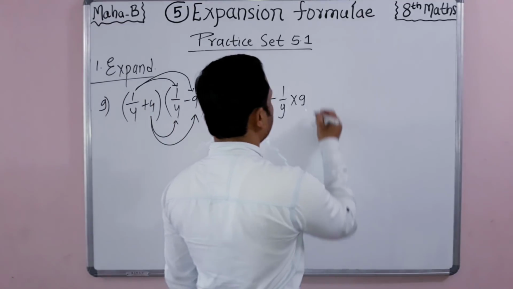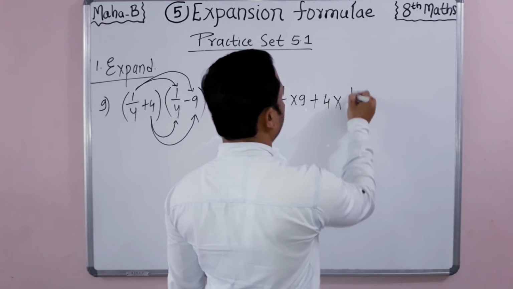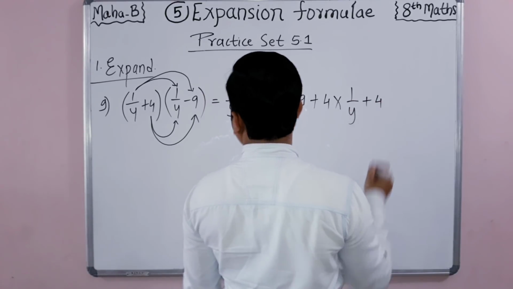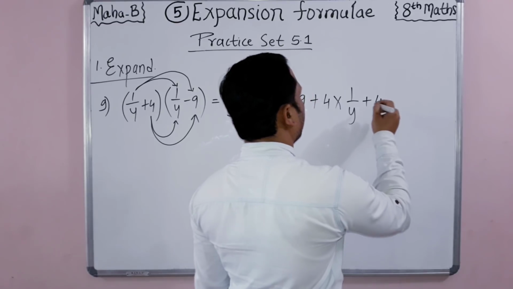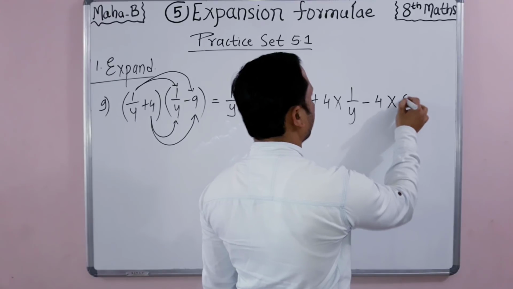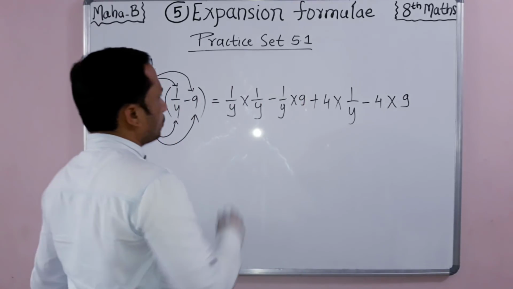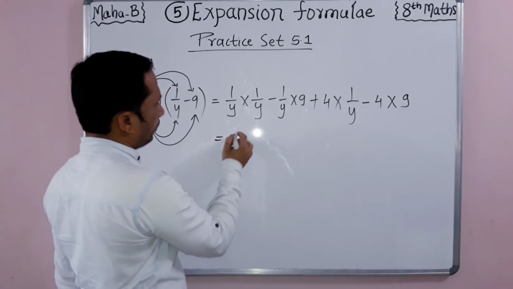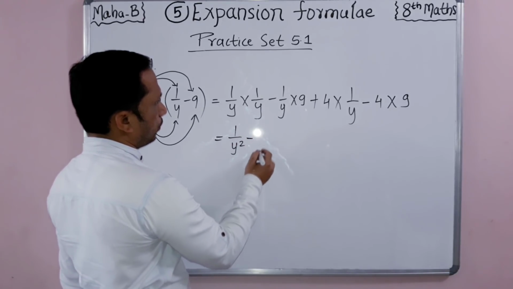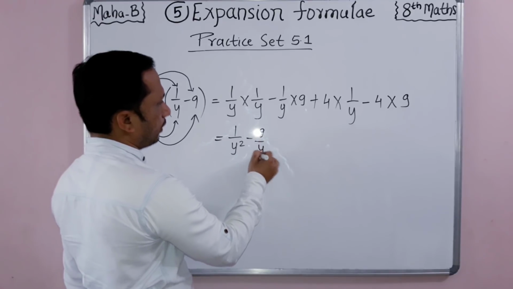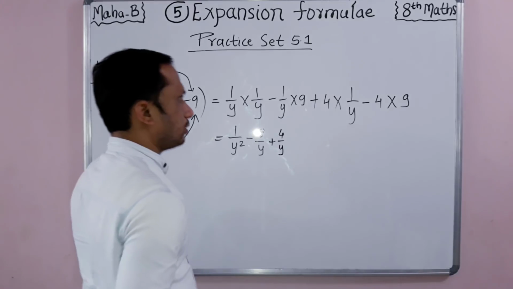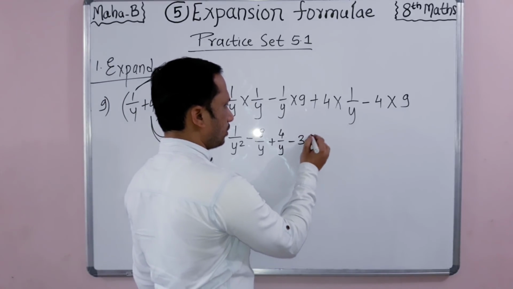Okay students, so plus sign is there, 4 into 1 upon y and plus 4 into minus 9. 4 into minus, so put the minus sign directly, minus 4 into 9. So 1 upon y into 1 upon y, what will be this term? 1 upon y square, and minus 1 upon y into 9, 9 upon y, then plus 4 upon y, and finally minus 36.